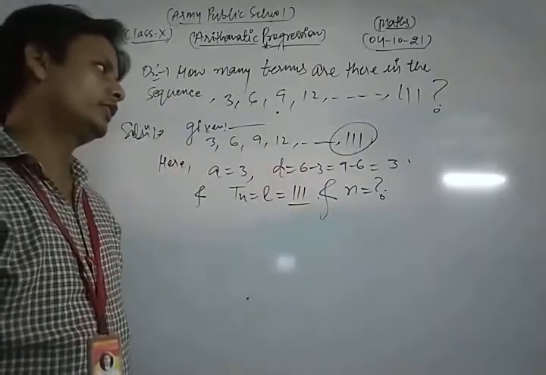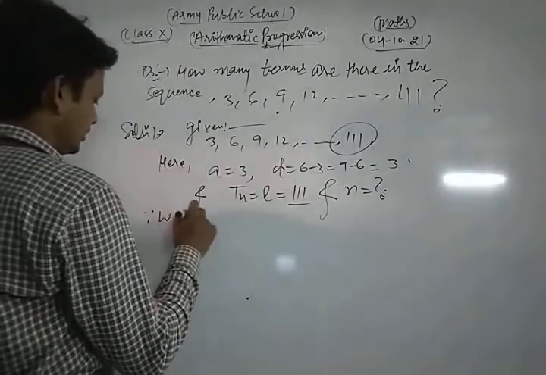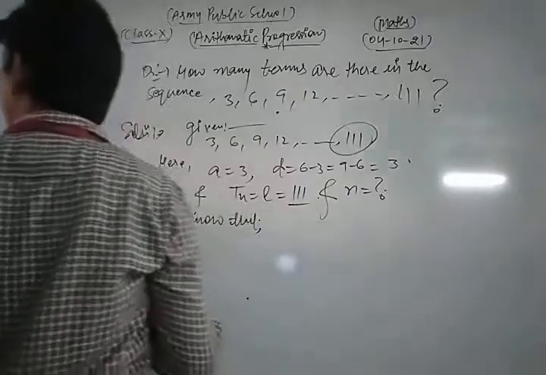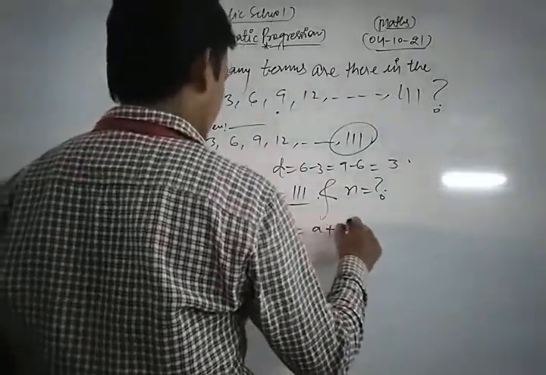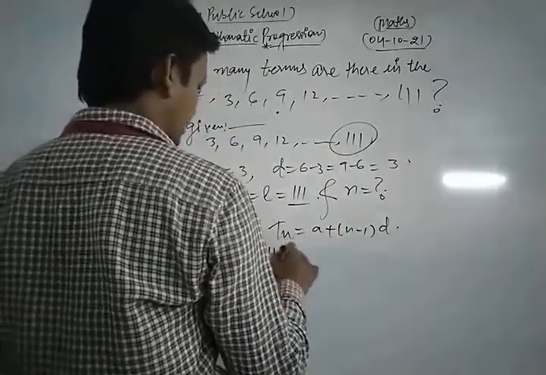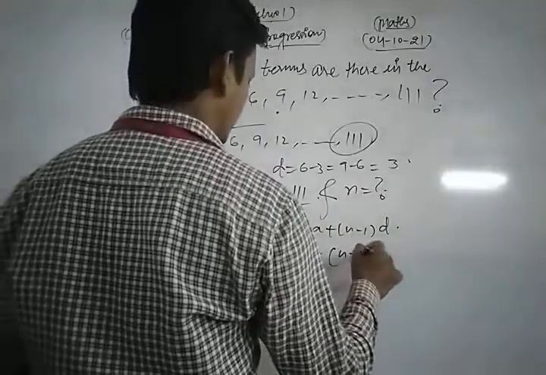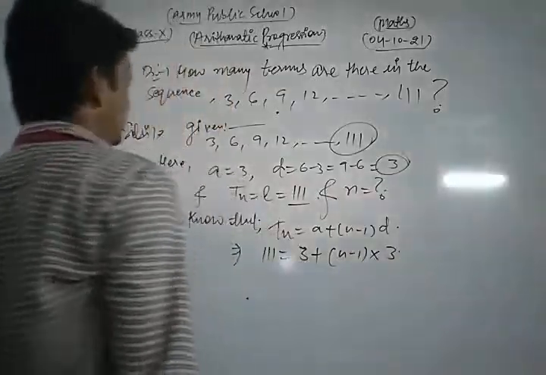Now for that question we use the formula for the nth term. Since we know that the nth term of the given AP is a plus n minus 1 into d, where a is 3 and d is 3.